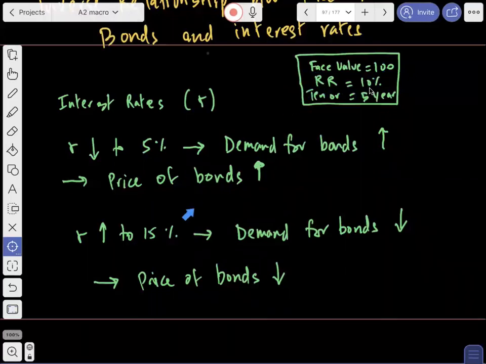By the way, this is just one example. The idea is that if the interest rates are more than 15%, only the bonds giving you more than 15% will be in demand. But in general, when the interest rates are falling, bonds become more favorable and the price of bonds will go up. When the interest rates are rising, bonds become less favorable, their demand will fall and therefore the price will fall.